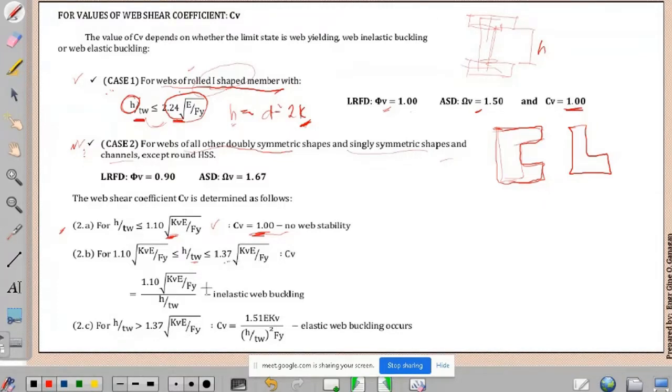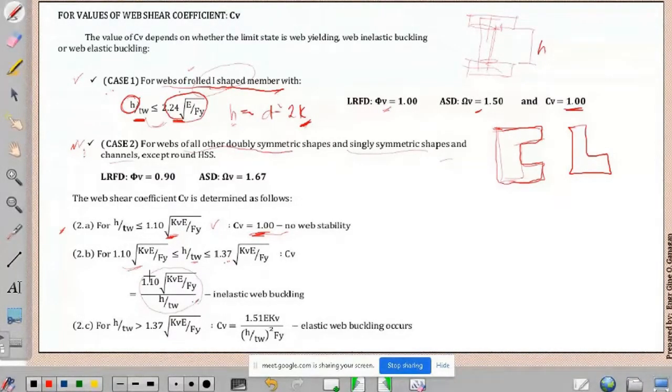Okay? So pagka yung width thickness ratio ninyo is less than 1.37 the square root of KvE over Fy, tapos mas malaki siya dito sa equation na 1.1 the square root of KvE over Fy, yung CV natin is calculated with this equation. So ika-calculate ninyo yung value ng CV ninyo.